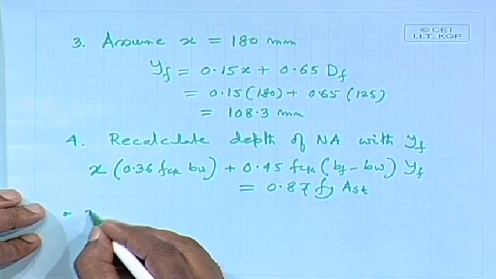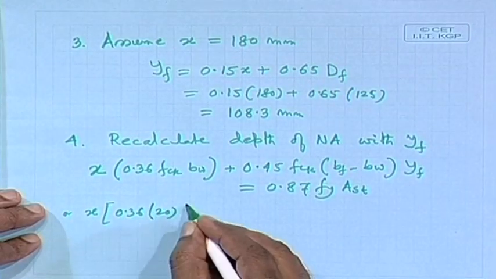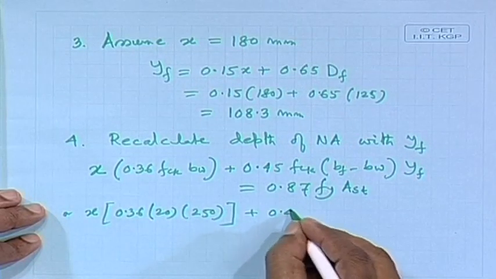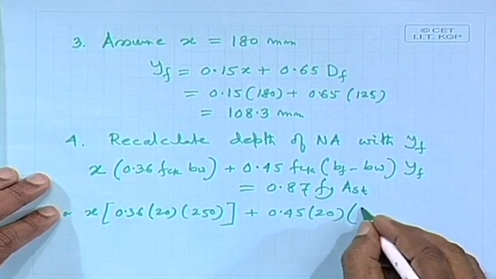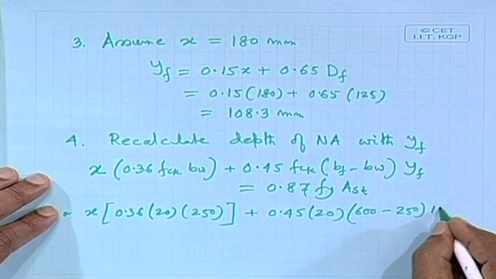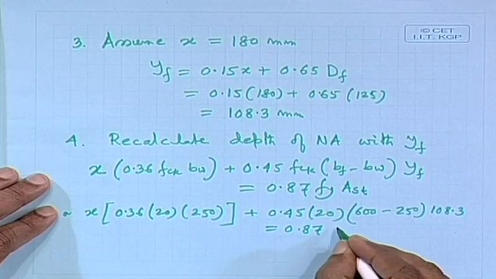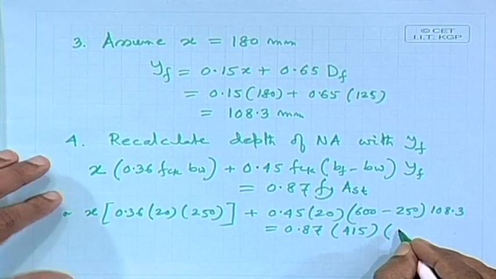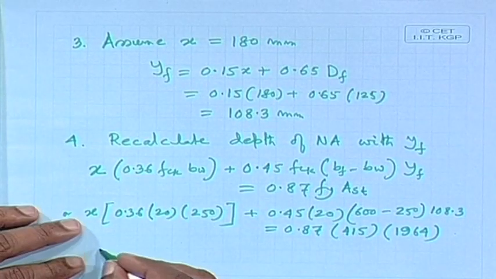We can write x times 0.36 times 20 times 250 plus 0.45 times 20, that is M20 grade, times 600 minus 250 times 108.3 equals 0.87 times 415 times 1964, the area of steel.